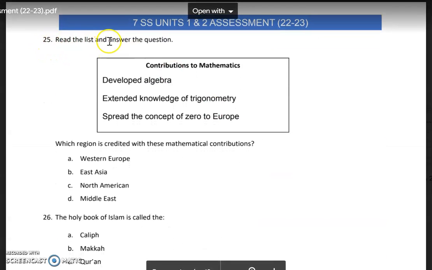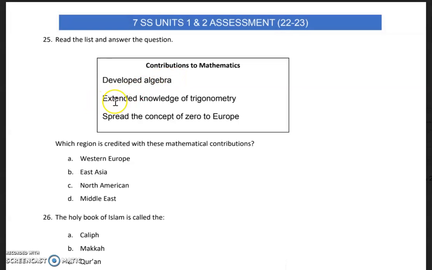25. Read the list and answer the question. Contributions to mathematics. Developed algebra. Extended knowledge of trigonometry. Spread the concept of zero to Europe. Which region is credited with these mathematical contributions?